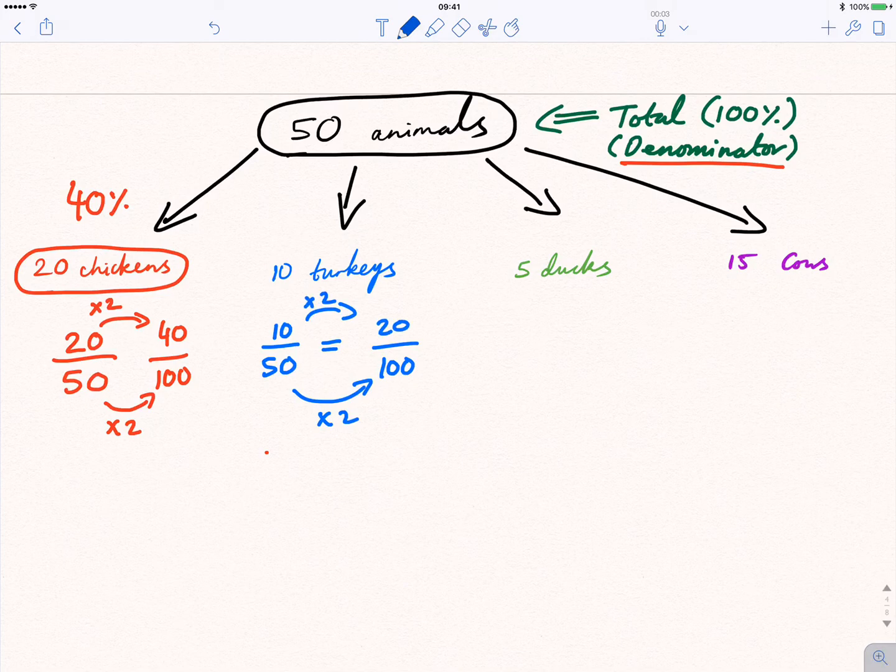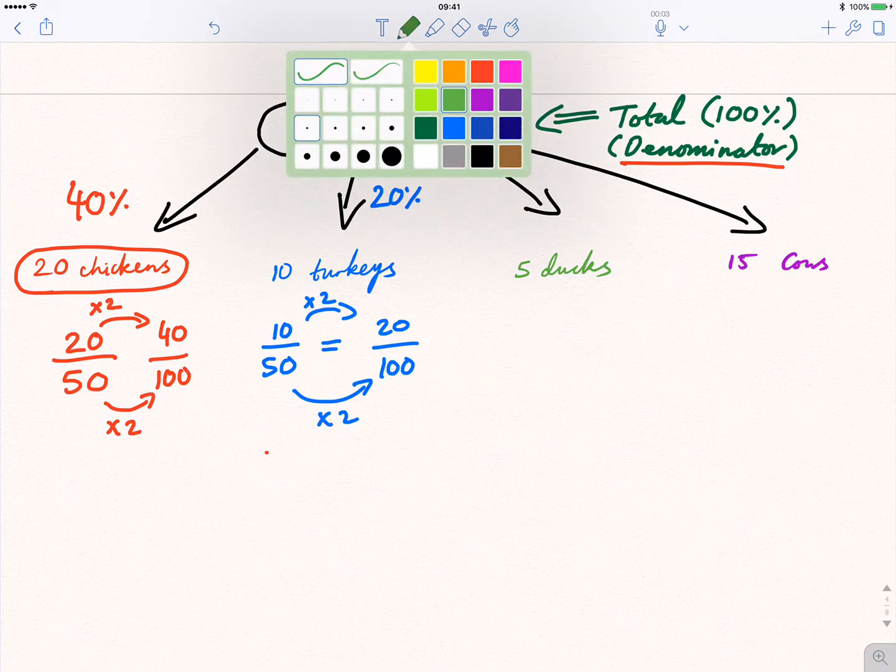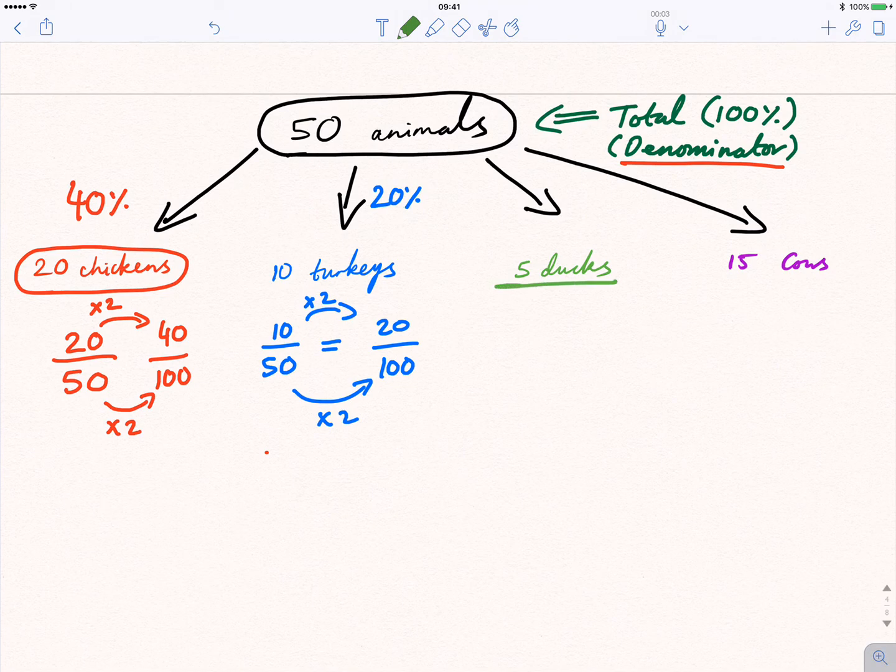Now 20 out of 100 is clearly just 20%. 5 ducks, that's just 5 out of 50, which is just multiply the denominator by 2, becomes 100, and the numerator by 2, that becomes 10.